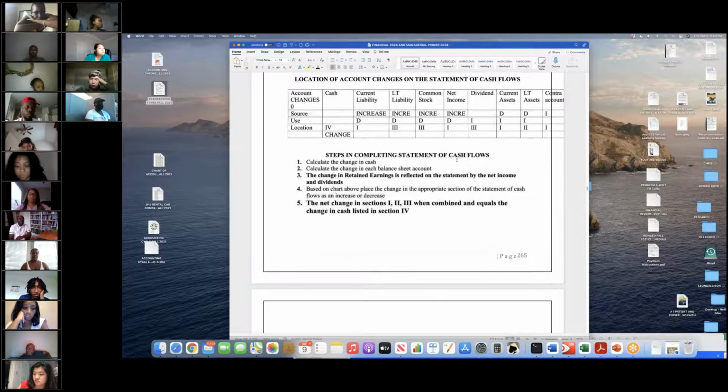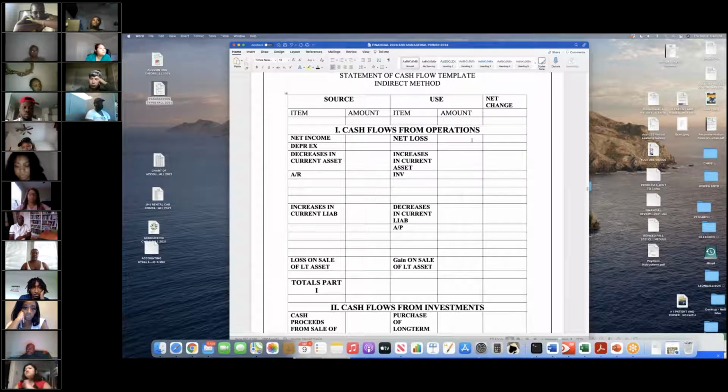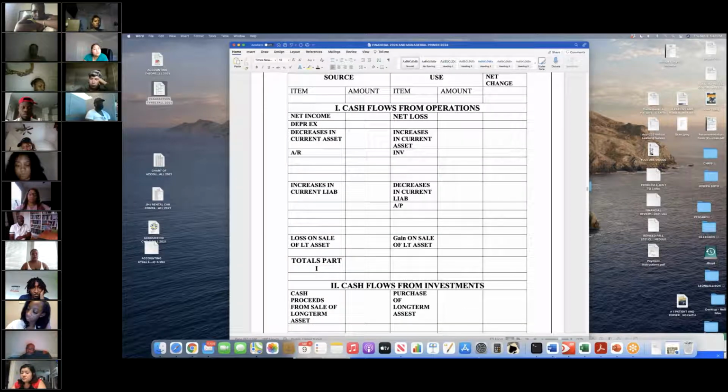And once again, we want the cash flow from operations to be positive. If this number is not positive, then you have a problem. Or as we looked at that case, if you got a lot of net income but limited cash from operations, that's a problem.